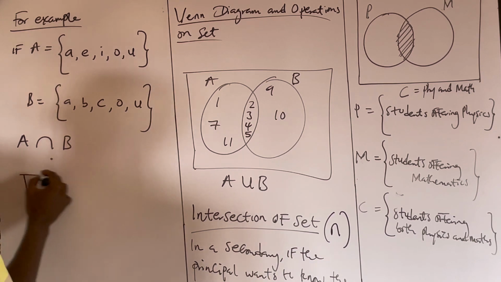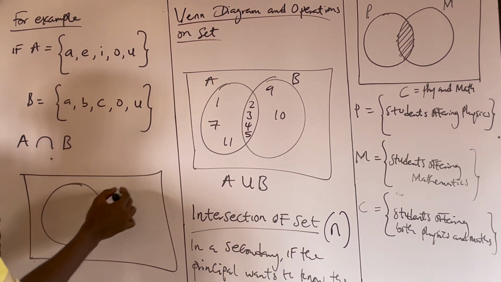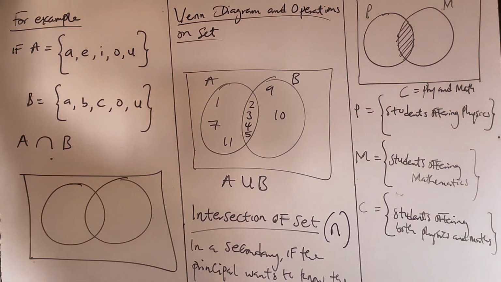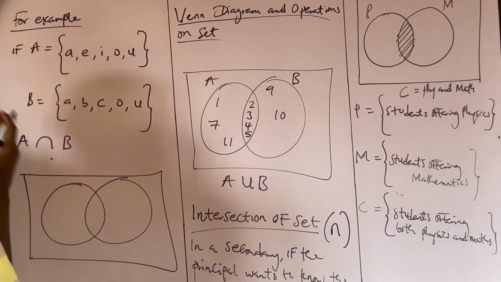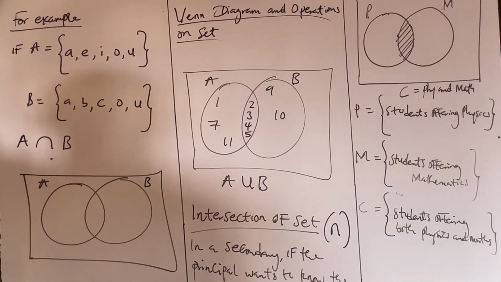Let's use our Venn diagram. When we use a Venn diagram, remember there are two circles enclosed in a rectangle, right? So here we call A, here we call B. What is common here?